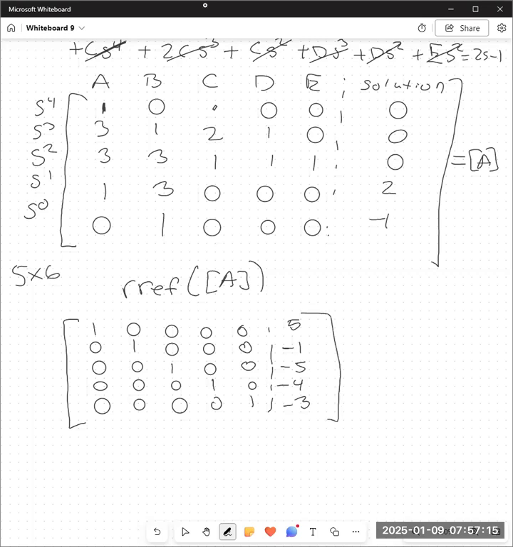So knowing that information, that tells me that A equals 5, B equals -1, C equals -5, D equals -4, E equals -3.